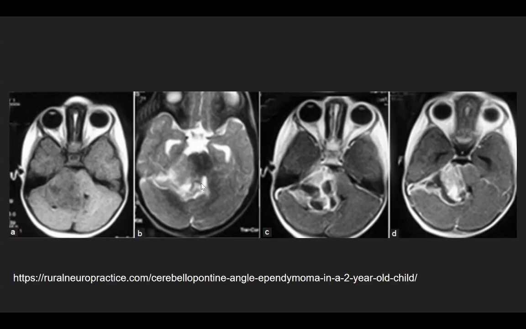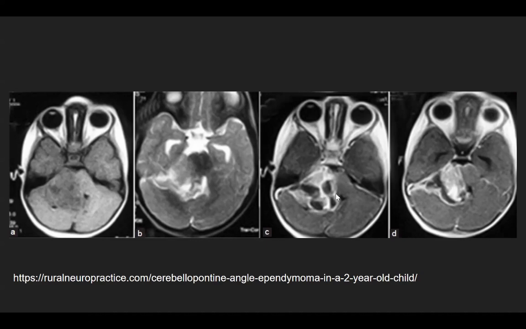In the middle, this is a T2 axial image showing the same lesion with perilesional edema. On the left side, it's T1 without contrast. This is T1 with contrast, T1 post contrast, C and D both.